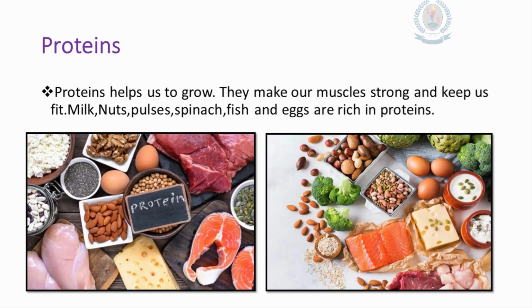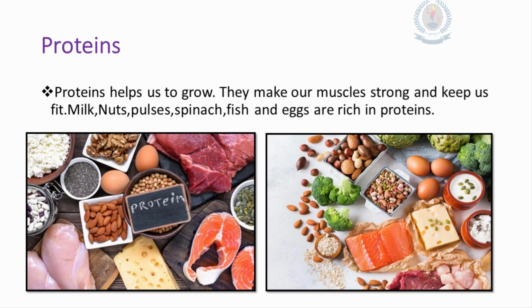Right, so here is one kind of nutrition. It is the proteins. Protein helps us to grow. They make our muscles strong and keep us fit. Milk, nuts, pulses, spinach, fish and eggs are rich in proteins.